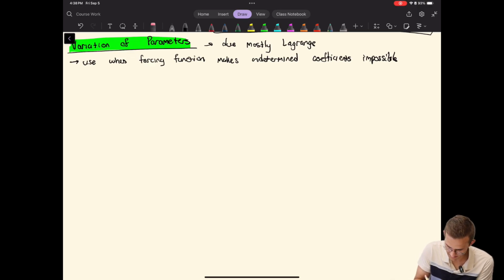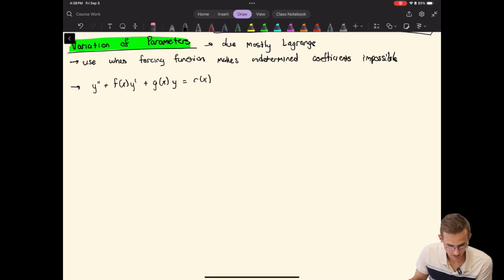Okay. So in this case, what we have is y double prime plus some function f of x times y prime plus g of x times y is equal to r of x. And let's say we already know what yh is. We know that yh is equal to c1 y1 of x plus c2 y2 of x.